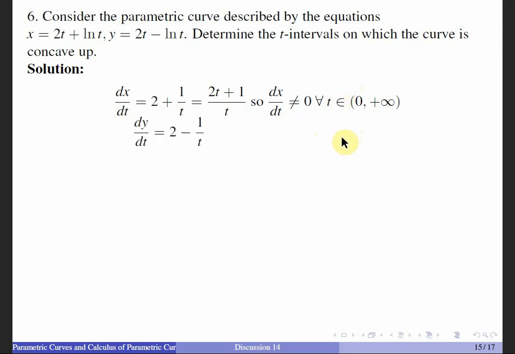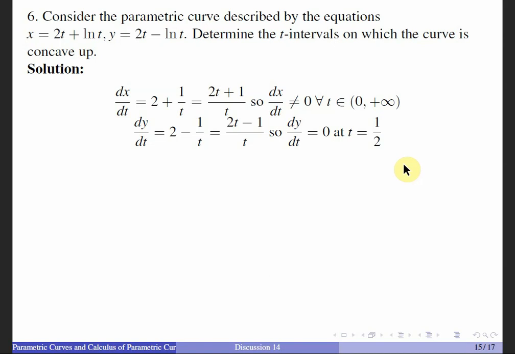Next, we have dy over dt, 2 minus 1 over t. That's 2t minus 1 all over t. This becomes 0 when 2t minus 1 is 0, so that's when t is equal to 1/2.